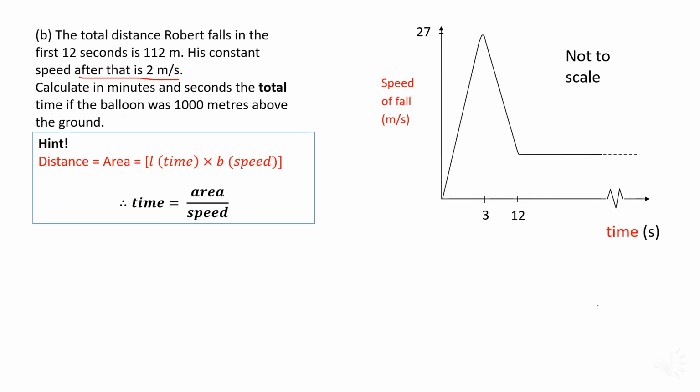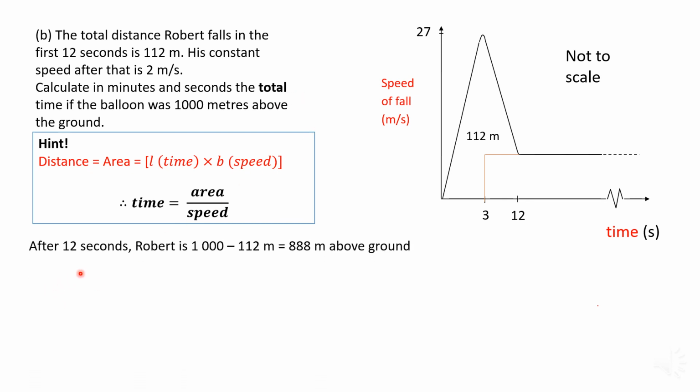In the first 12 seconds, the distance covered was 112 meters, so we need to find the other time. That 12 seconds must be added. That is why the word total is bolded for you.